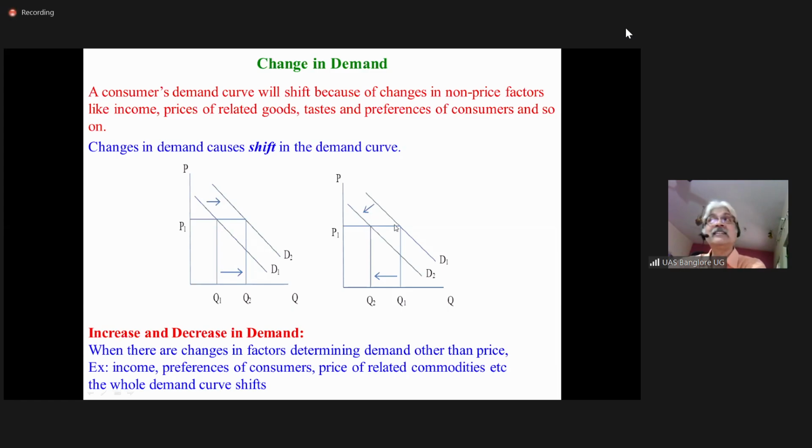The price is the same, but the quantity purchased changes from Q1 to Q2. Because of diabetes, the consumer wants to consume less quantity of sugar.